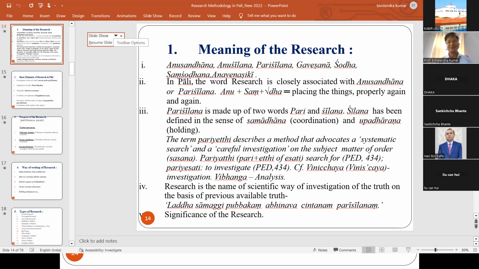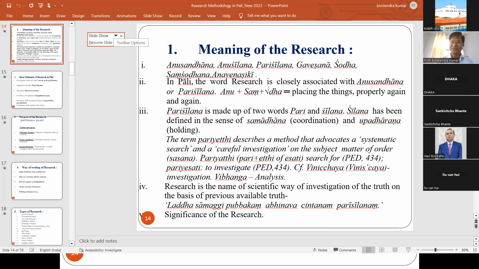There are texts which make investigations of the four realities of the Abhidhamma: Chitta, Chaitasika, Rupa, and Nibbana. So here, Vinicchaya is nothing but the careful investigation of the four Paramattha Dhammas. So research can also be understood by way of Vinicchaya.